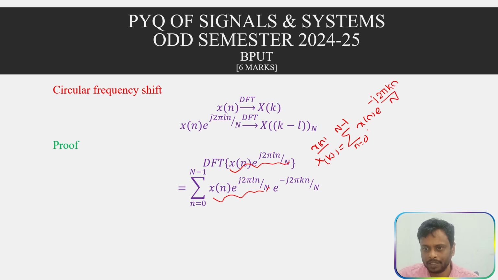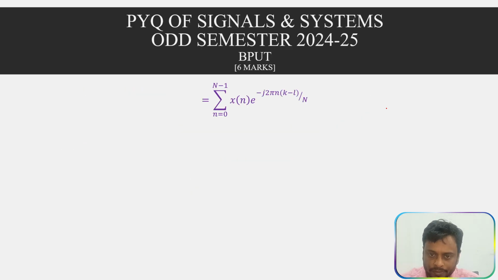So in place of x of n, now it is the whole term, x of n into e to the power of j 2 pi ln divided by n. That is all, replaced. Next, you can multiply or simplify this, it will be this one.